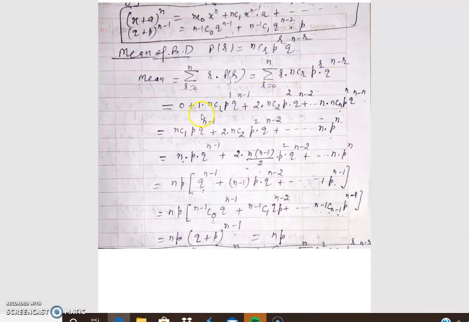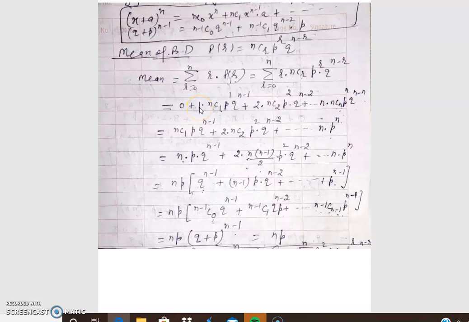Now substitute r equal to 0. This sum runs over r equal to 0 to n, that's why we take r equal to 0, 1, 2, 3, 4. So when we substitute r equal to 0, the first term is 0.